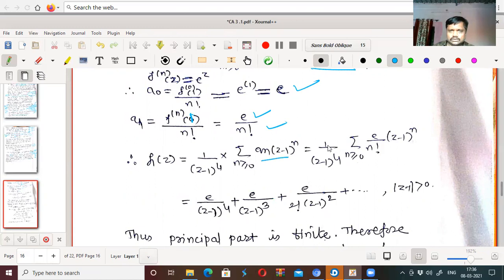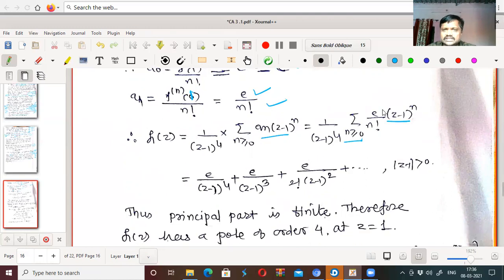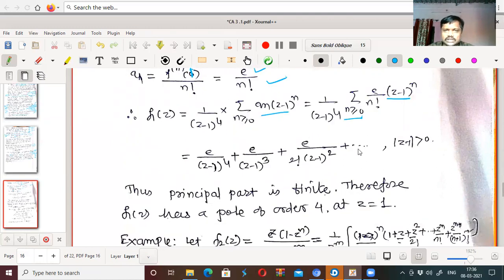Now 1 upon (z minus 1) to the power 4 times the summation over all non-negative n of e upon n factorial (z minus 1)^n, because a_n is e upon n factorial. If I take n equal to 0, the first term is e upon 0 factorial into (z minus 1) to the power 0, which is only e.